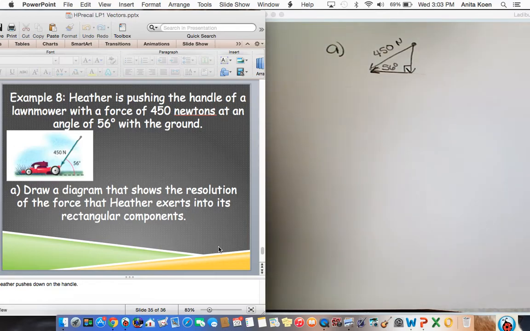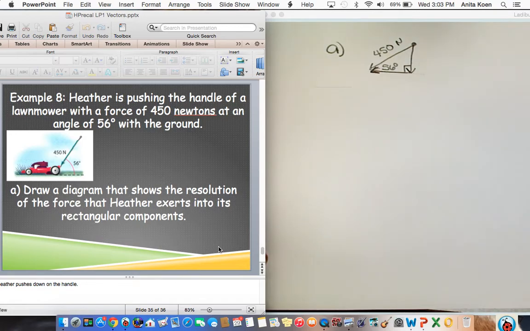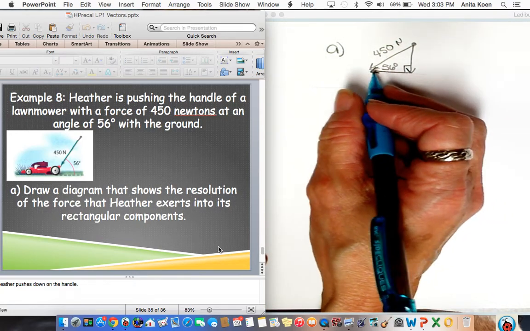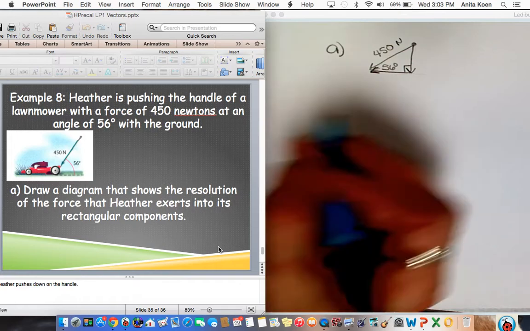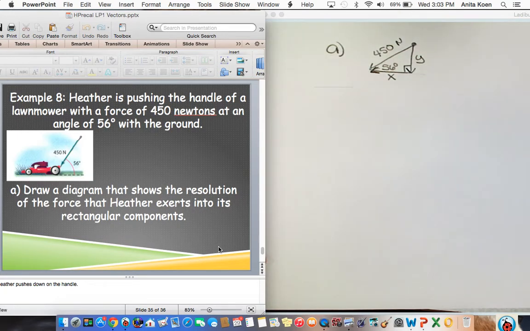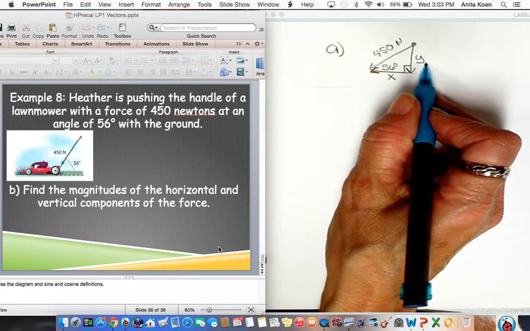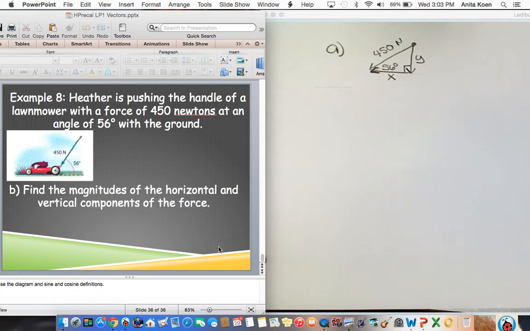This is 56 degrees, this is 450. So now, if I want to find the rectangular components, I need to find X and I need to find Y. Okay, so we're going to find the magnitudes of the horizontal and the vertical components of this force.